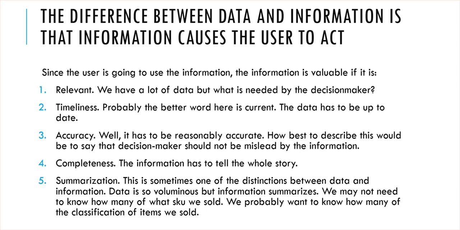And then on 3, we're talking about accuracy. Accuracy is something that I want you to think about as a pendulum. We're not saying that it is completely accurate. We're saying it is reasonably accurate.